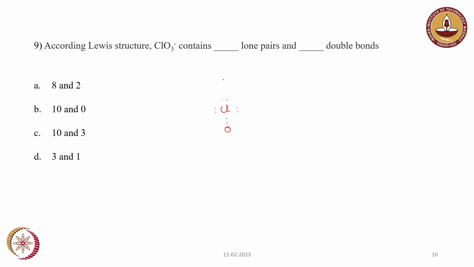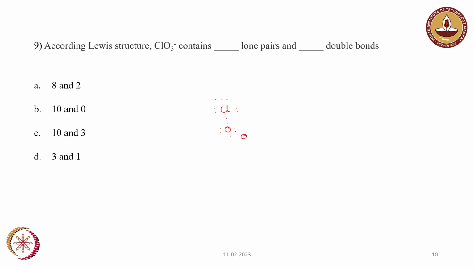So we are discussing question number 9. Chlorine is the central atom, and oxygen has 6 valence electrons, and there is one extra electron. So we'll give it to one of the oxygens so that this oxygen becomes negative, and it's shared with chlorine.